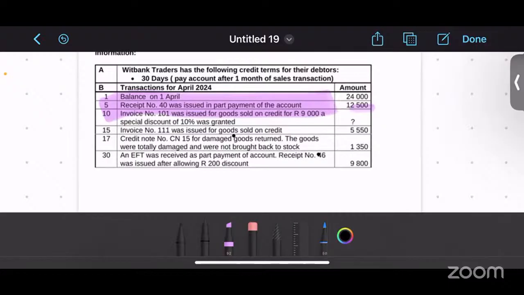And how did you achieve that? Ma'am, isn't 10% of 9,000 900, right? Then I subtracted the 900 from the 9,000, and it gave me 8,100.